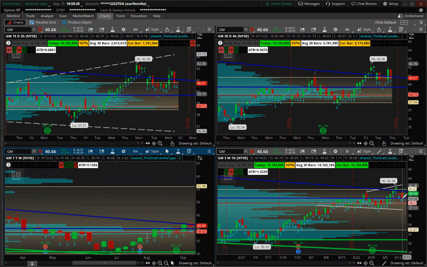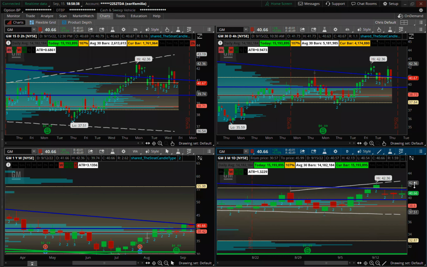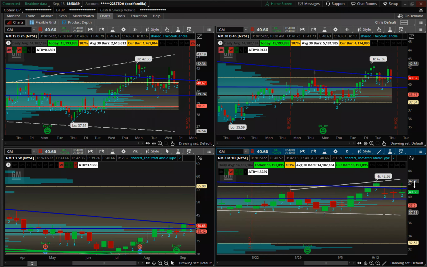We got the hammer shooter counter on the day here on GM. Really interesting. Look at the setup here. It's just been real choppy. So we've got the rev strat to the downside here below $40.54. So that should be interesting.